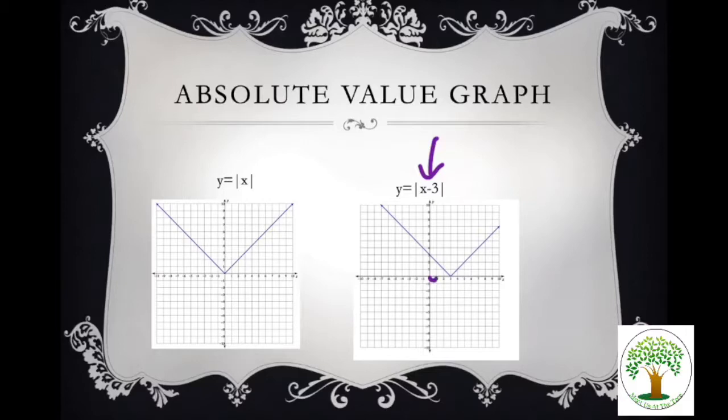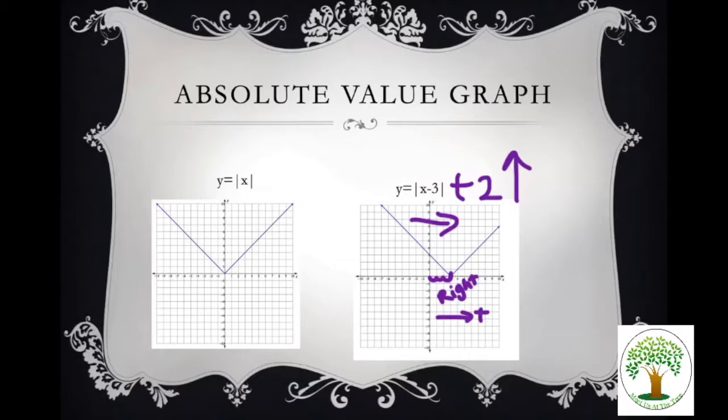It moved it 1, 2, 3 to the right, or towards the positives. If I added on the outside, it moved it up. But if I subtract on the inside, it moves it to the side.